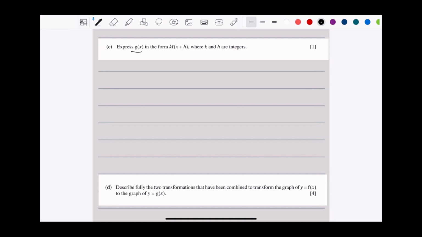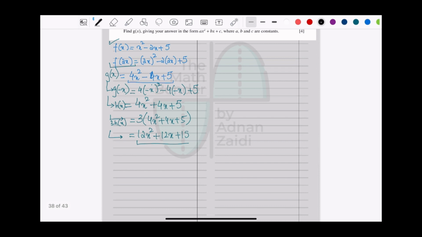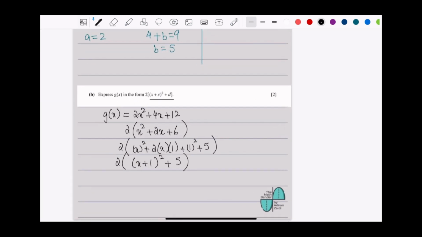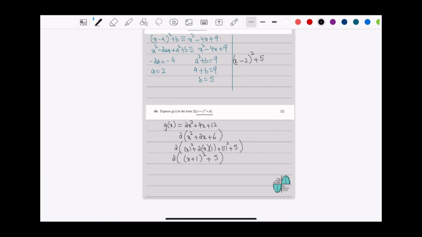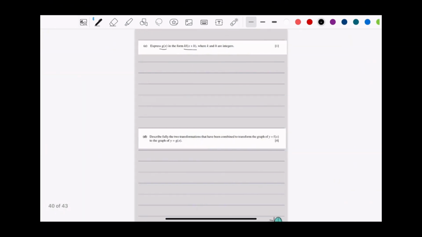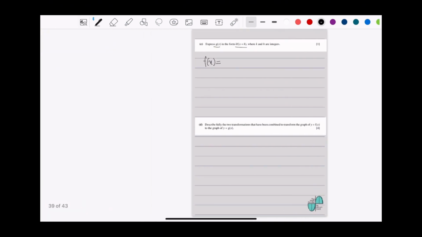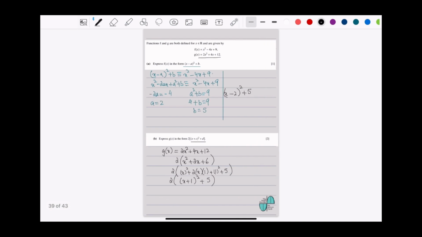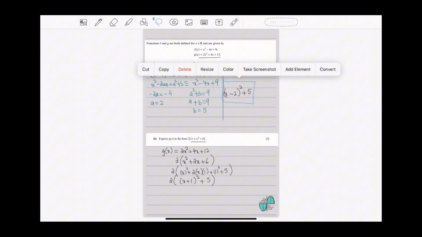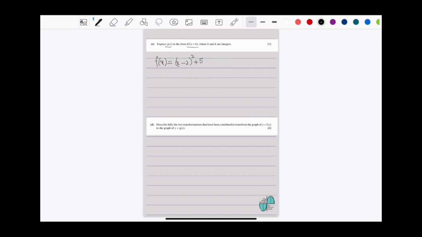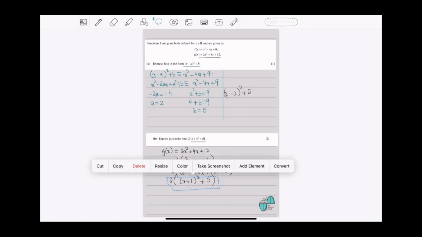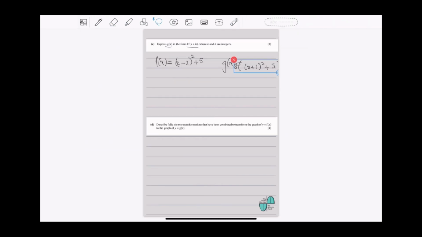Now express g of x in the form k times f of x plus h. Let's look at the question. First let me write that question. So f of x is equal to this, and this is what g of x is.